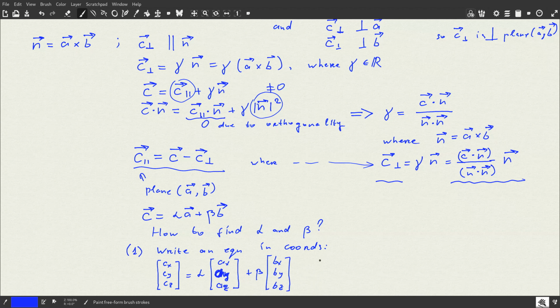The unknowns are alpha and beta. You can view it as a system of linear equations with respect to alpha and beta.